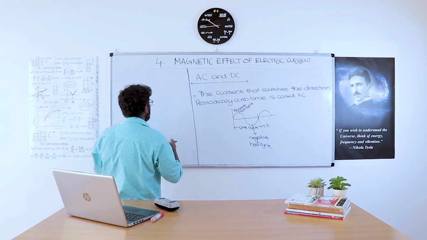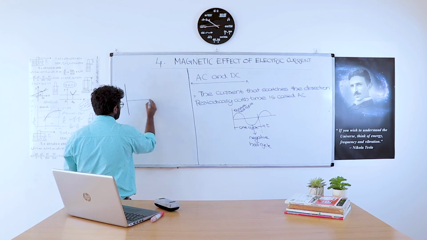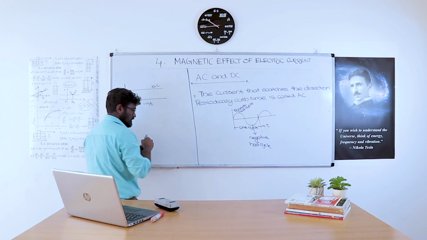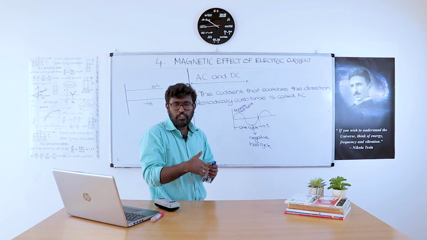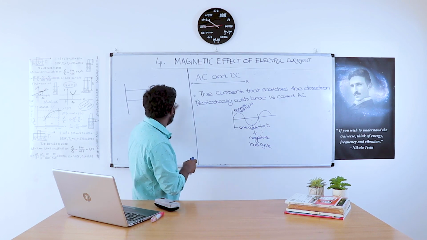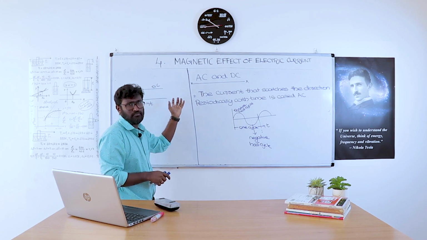Now, what is meant by DC? Direct current. Unidirectional current is called direct current. That's the difference: the current has only one direction.